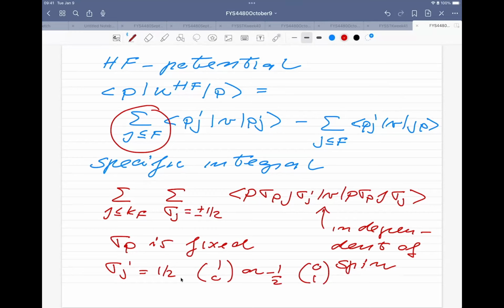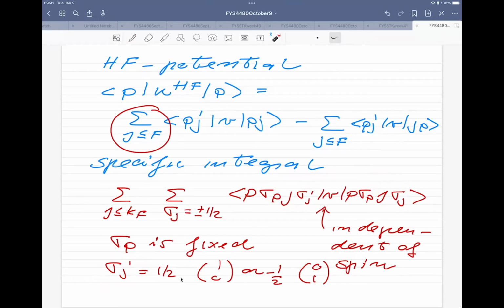Now, when you look at the summations over the spins, you need to keep in mind that the spin here sees the spin here, and the spin here sees the spin there. The same spin, because this would be the particle in slot 1, and this in 2. So first particle, second particle.